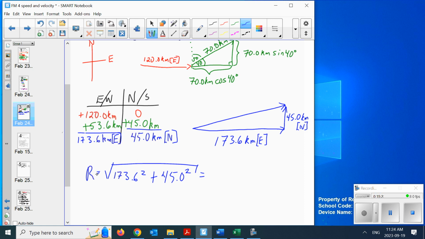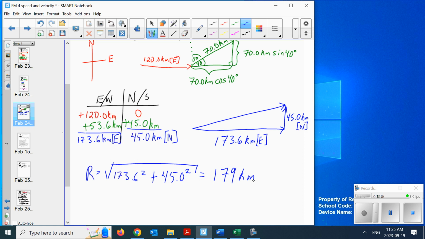Let me get my calculator out. 173.6. I want you guys to verify this with me. 45. I get 179.337, blah, blah, blah. Okay, I'm gonna call it 3 digits though, 179. And that is in kilometers.